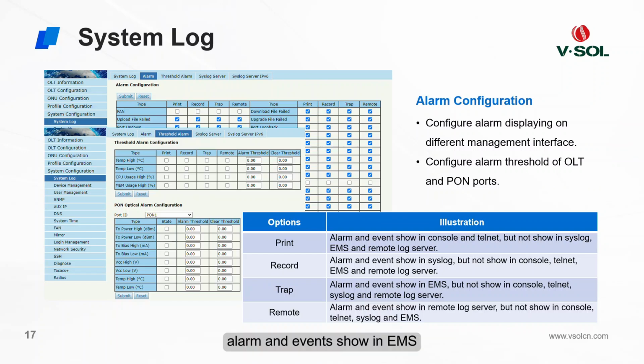Trap. Alarm and event show in EMS, but not in console, telnet, syslog, and remote log server. Remote. Alarm and event show in remote log server, but not in console, telnet, syslog, and EMS.